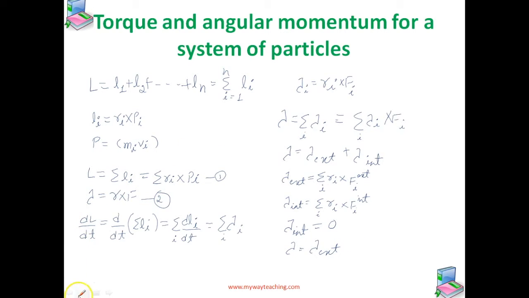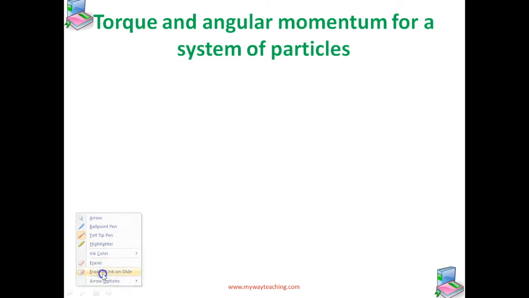So, we know that torque is equal to sigma from i is equal to 1 to N torque i, isn't it? And from the equation we can also write dL by dt is equal to torque external.